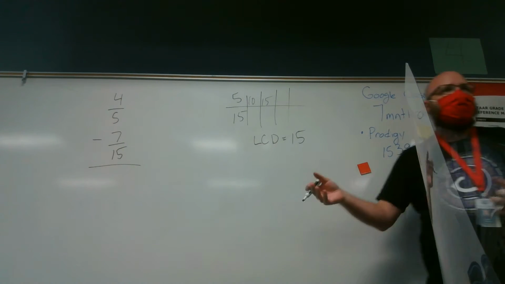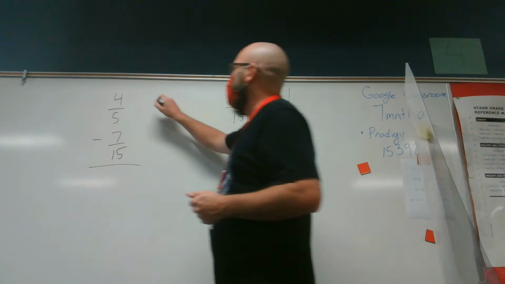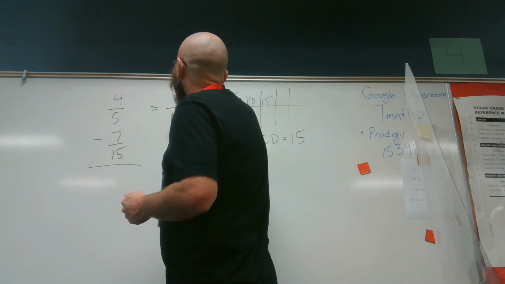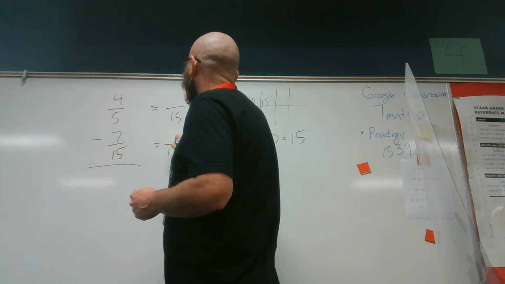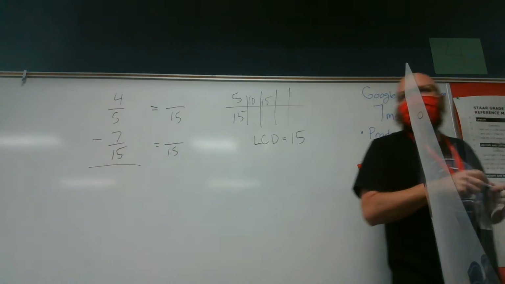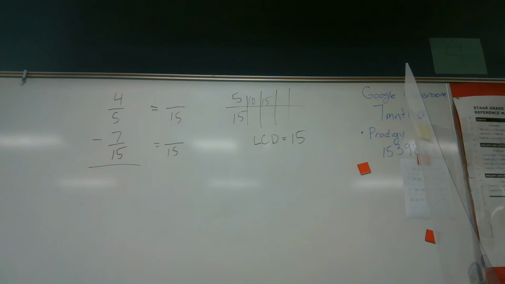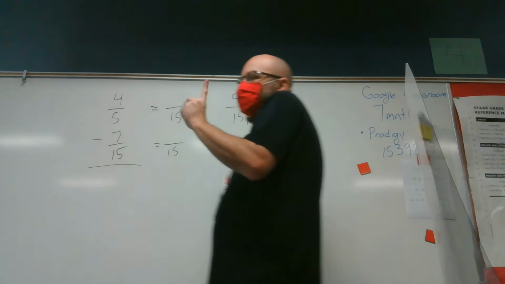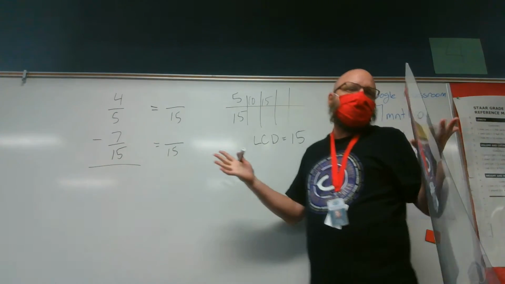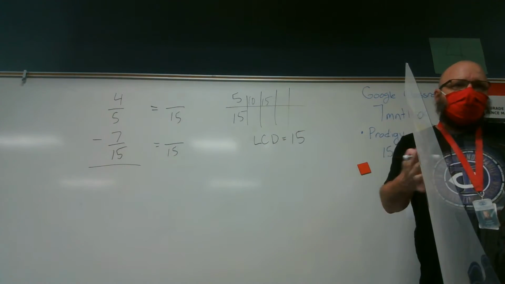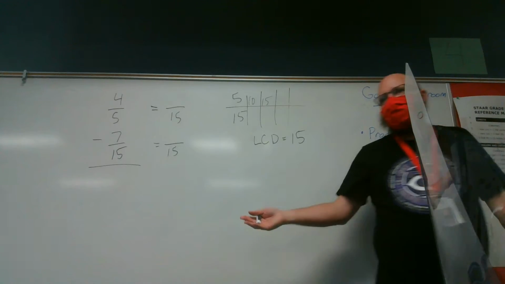So now I need to change these fractions so that they have a denominator of 15. But wait, I can't change the value. However, if I multiply a fraction by something that equals 1, that's not changing the value. Because Riley Bird told me that 73 times 1 equals 73.